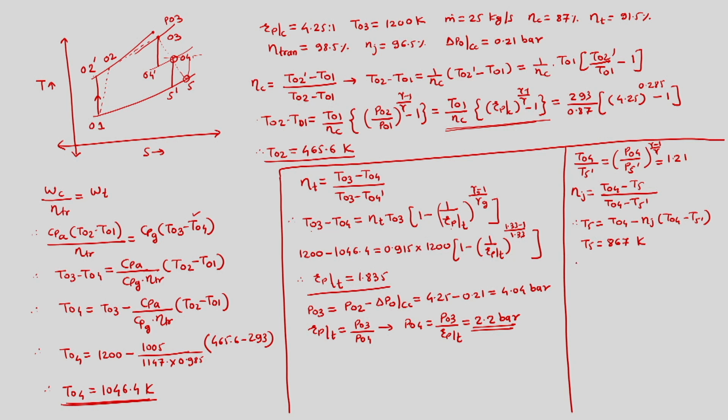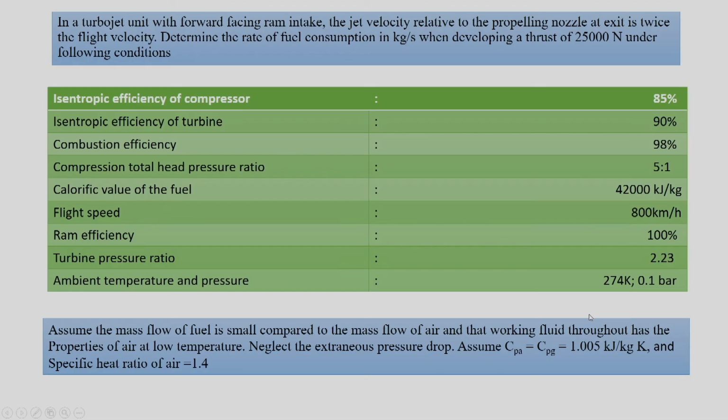We can write down the energy equation for the nozzle, which says that H04, the total enthalpy at the entry of the nozzle, is equal to H5 plus Cj square by 2, or C5 square by 2. So T04 is equal to T5 plus Cj square upon 2 Cp, where this is Cp for gas.